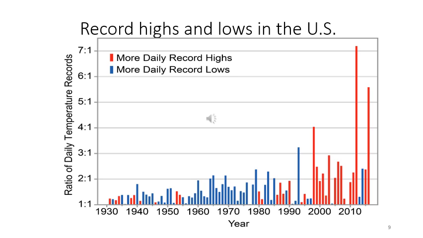So this graph shows us the record highs and record lows in the United States. And as you look at the variability of the temperature all the way since the 1930s through where we are right now, you can clearly see that in the past we had some daily record highs and daily record lows, and there was some variability, and little by little we see more and more of those daily record highs.